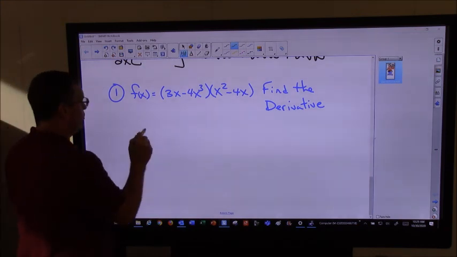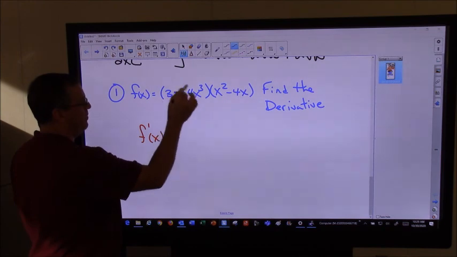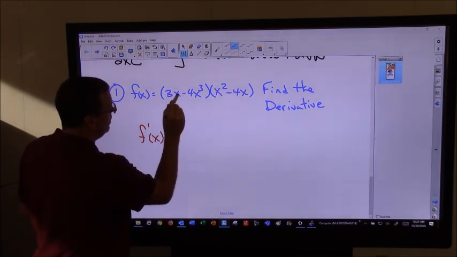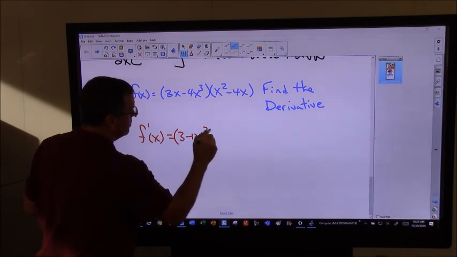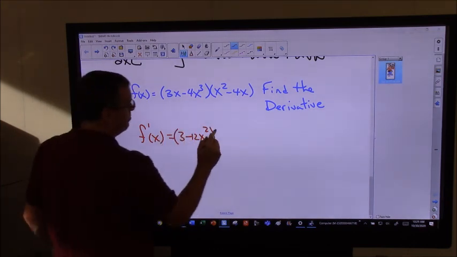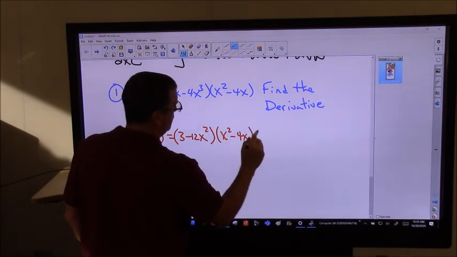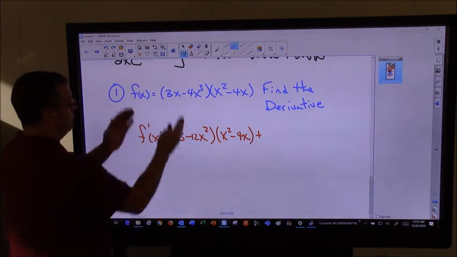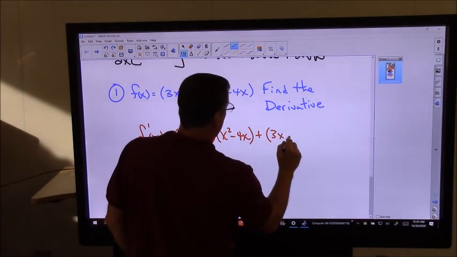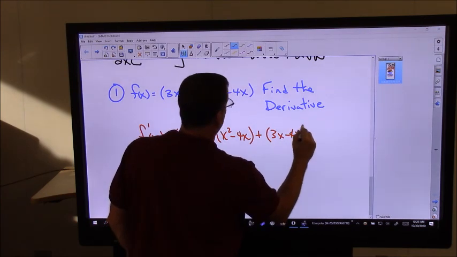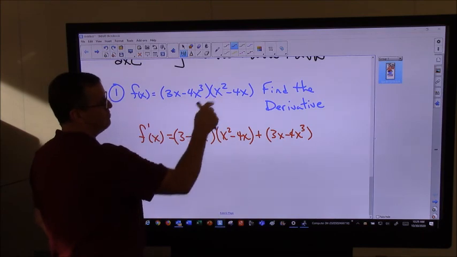All right, so I want to take the derivative of the first piece, which will be 3 minus 12x squared, times the second piece, x squared minus 4x, plus, now leave that the way it is, 3x minus 4x cubed, and I want to take the derivative of this, which would be 2x minus 4.